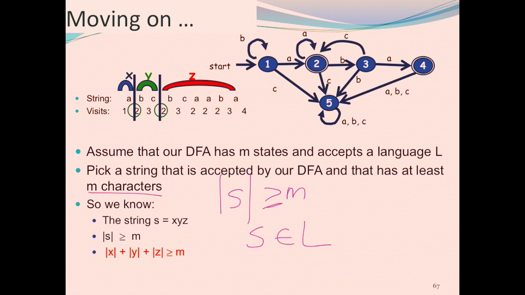So, we know that I could also write my string as X, Y, and Z concatenated together, right? We know that the length of S is greater than or equal to M, and we know that if I add up all three of these separately, I also get something greater than or equal to M, right? Because how long is the length of X plus the length of Y plus the length of Z? Well, that's just how many letters in X, how many letters in Y, how many letters in Z, and all those pieces together make S.